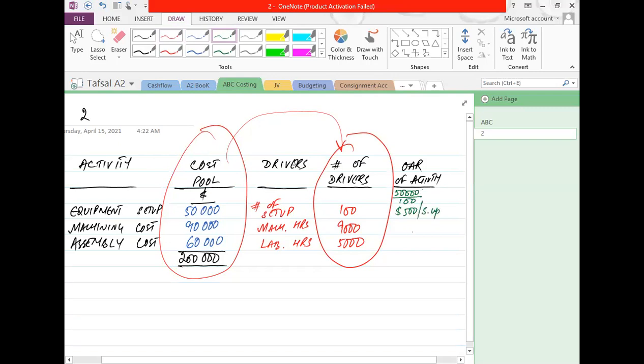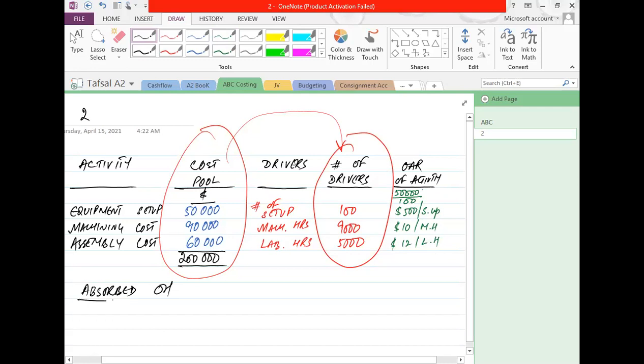The next one, 90,000 divided by 9,000: 10 per machine hour. The next one, 60,000 over 5,000: 12 per labor hour. This is how we calculate the OAR. Is it agreed with everyone? Is that agreed?